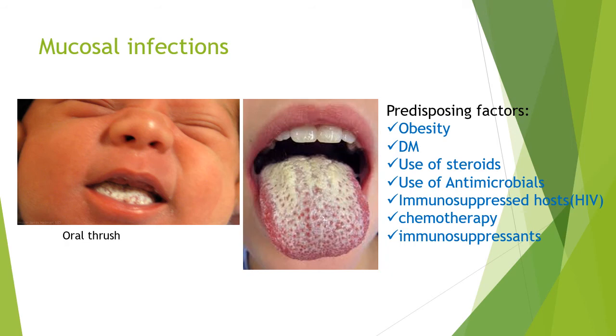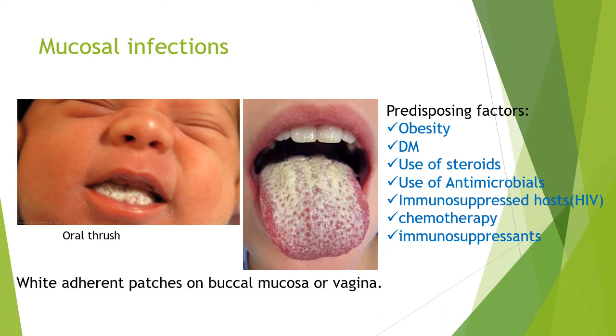This allows the overgrowth of the candida. Also, immunocompromised patients on chemotherapy become immune suppressed. And because it happens on mucosal surfaces, it can also happen on the mucosal surfaces of the vagina, and it's very common to have vaginal candidiasis in pregnant ladies.